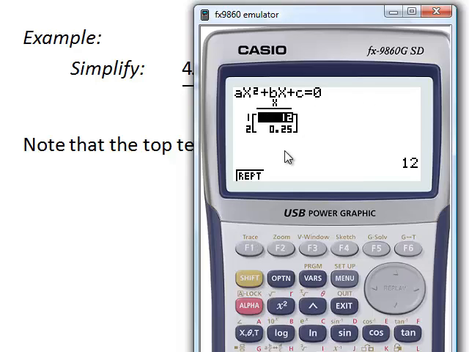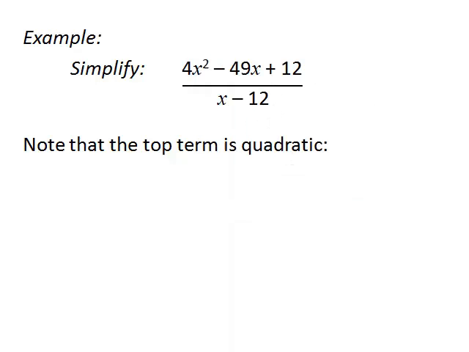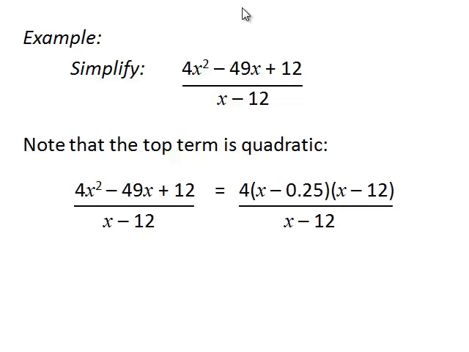We find our solutions 12 and a quarter, and they're going to be our factors. So we take that, and it's 4, still got the leading 4, minus a quarter, minus 12.